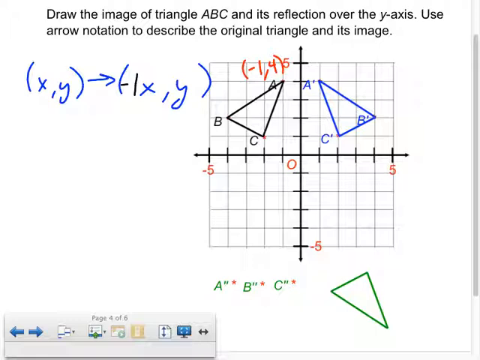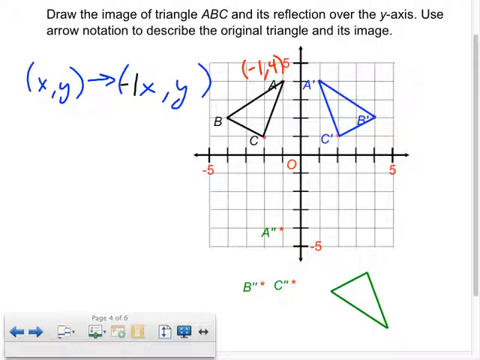If I'm reflecting it up and down, where is A going to be? 1, 4. So 1, 4 is here, but we want to flip it up and down, right? So you said 1, -4. That puts me over here. There we go. Remember, the negative direction for x is left, and then down is -4.